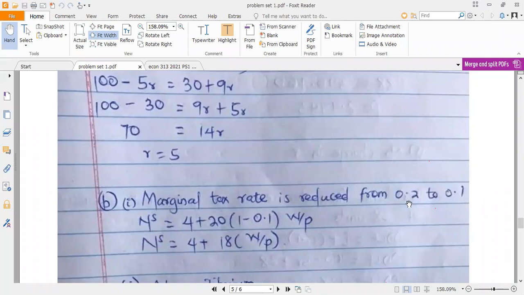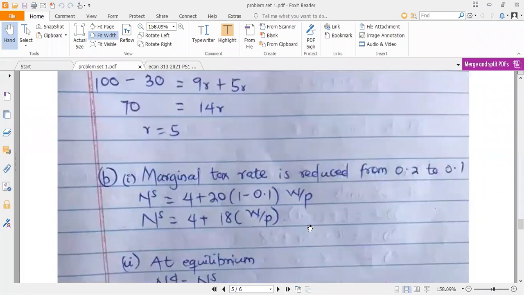Initially it was 0.2. Now we are using 0.1. So we have 20 times bracket 1 minus the small t, times W over P. Now 1 minus 0.1 gives us 0.9, so 0.9 times 20 gives us 18. So this is the new labor supply function.